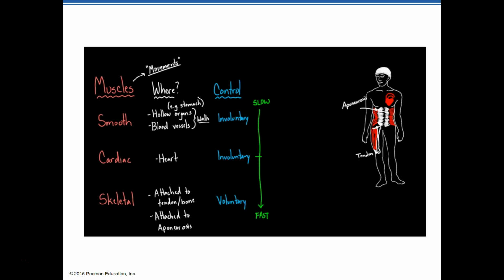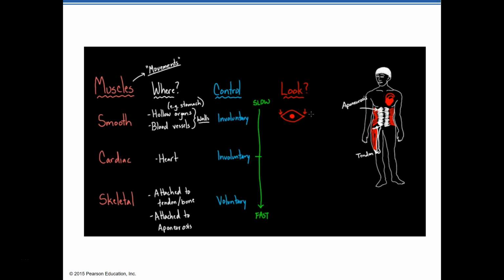Now, the final thing I'm going to draw is what these things look like. So how do they look? If you were to actually take a look at these cells, let's look at each of these one by one and figure out what they would look like. So the smooth muscle actually looks like a little eye, or like an almond, sometimes it's described that way. But I think of it as an eye, one single eye. And you can see that the ends are kind of tapered like that.